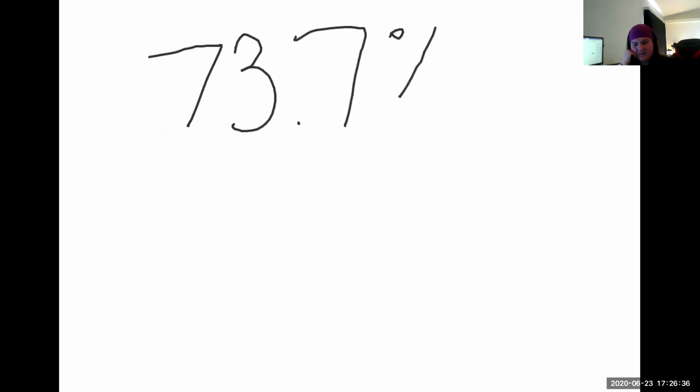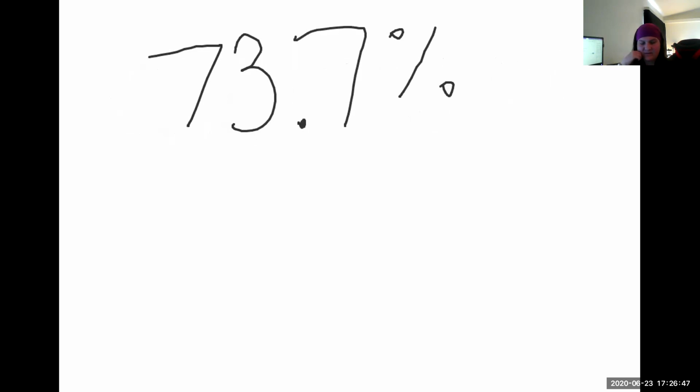Now we're converting the percent to a decimal. So we have 73.7%. Now we're going to do the inverse of changing the decimal to a percent, because now we're going to change the percent to a decimal.